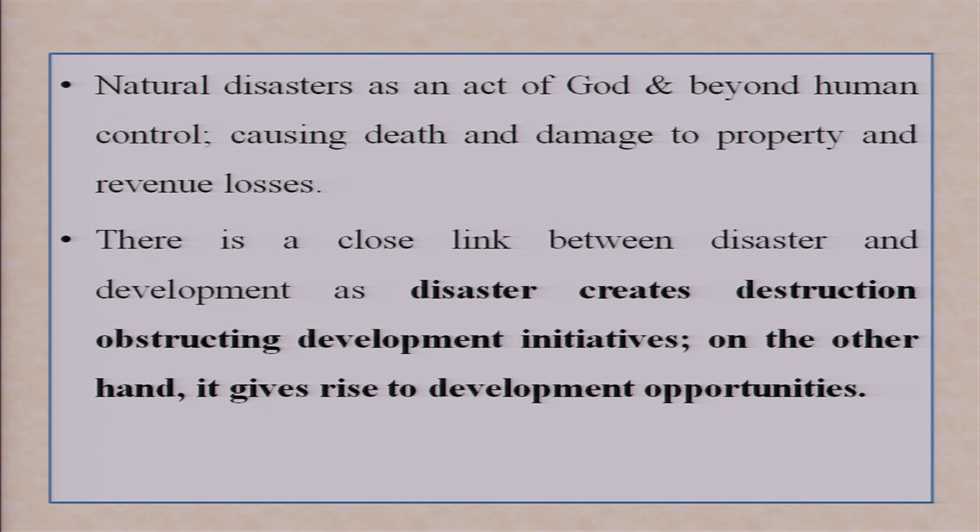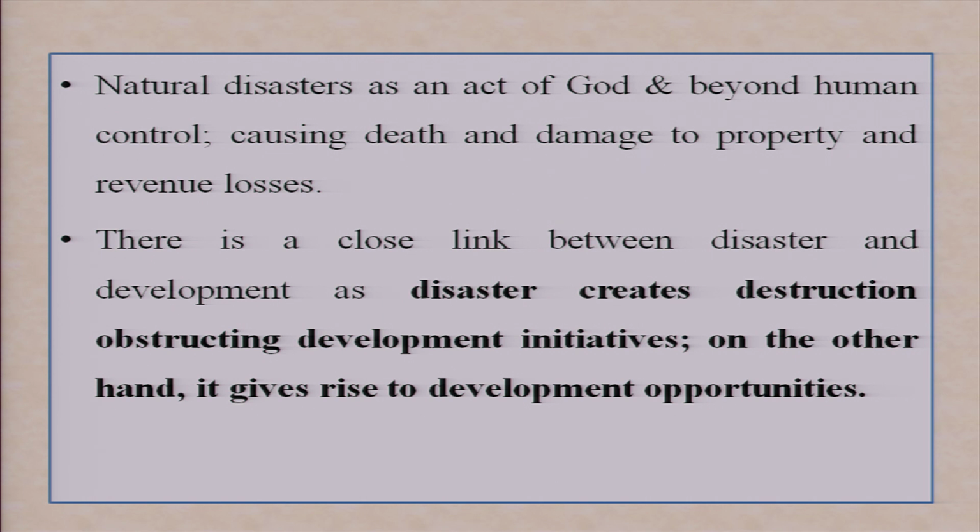For example, in coastal areas, earlier people used to live in thatched houses in very vulnerable areas, and they didn't have proper protection. Slowly development opportunity has come, and they have started constructing proper housing with cement and proper roofs.